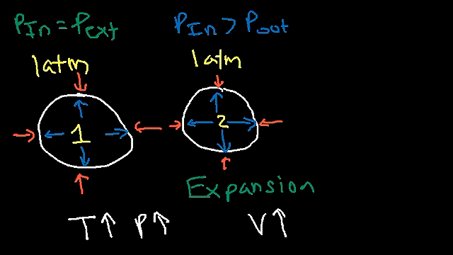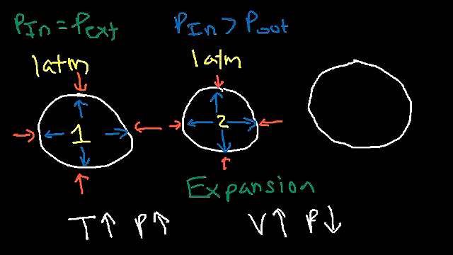And so, according to Boyle's law, what happens when the volume goes up? Whenever the volume goes up, the pressure will go down. So right now, the balloon's going to get bigger. As it gets bigger, the gas molecules inside the balloon are going to have more space. Because they have more space, they will collide less with the walls of the container. Because the collisions are reduced, the pressure is going to go back to normal.